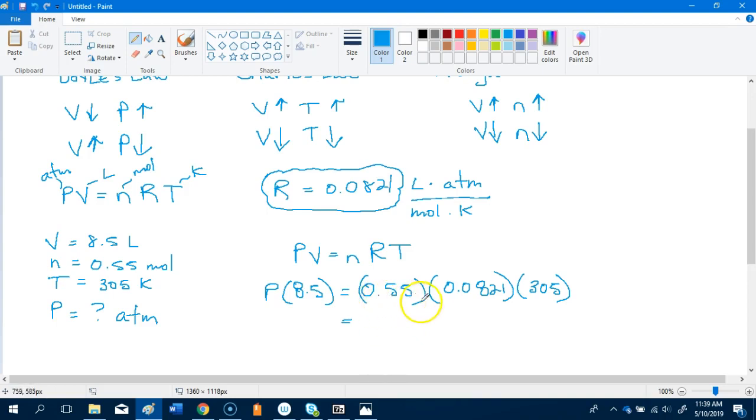So 0.55 times 0.0821 times 305 is equal to 13.77, and that's equal to the pressure times 8.5.